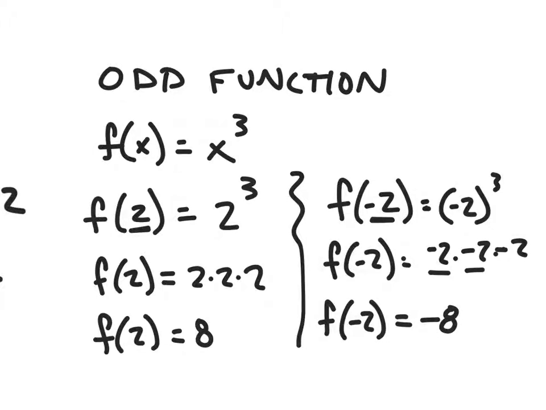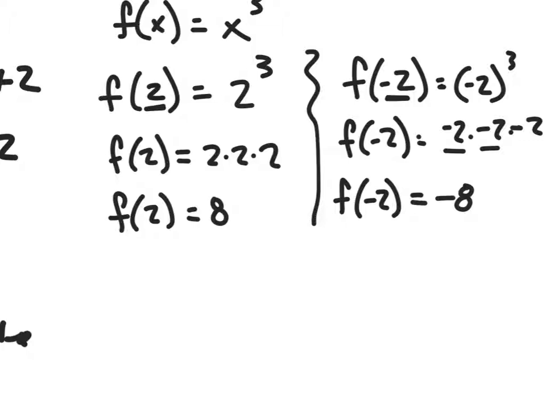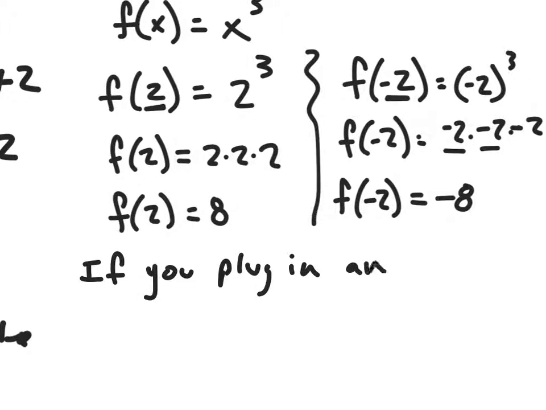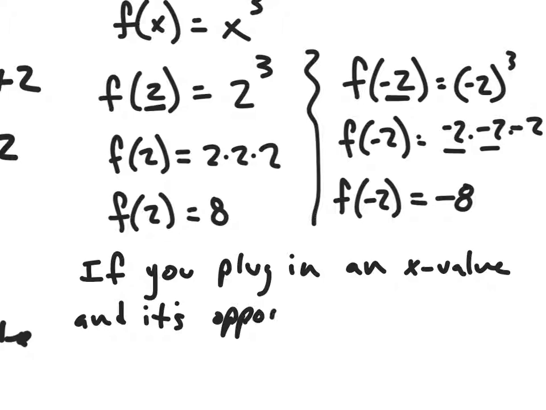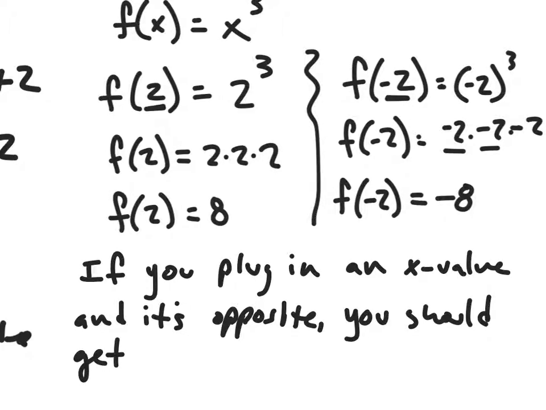So here's how I know this is odd: if you plug in an x value and its opposite, you get opposite y values. And that's how you know you have an odd function.